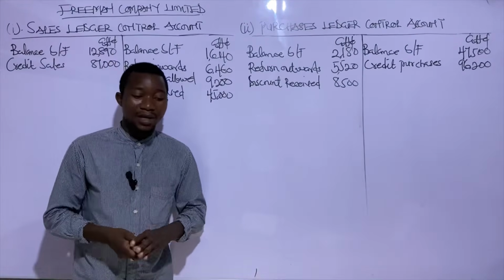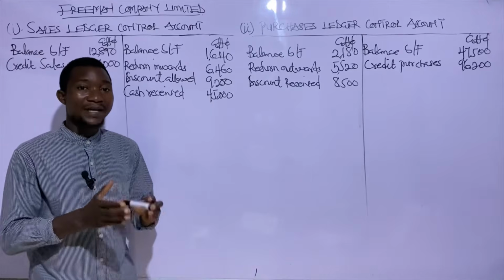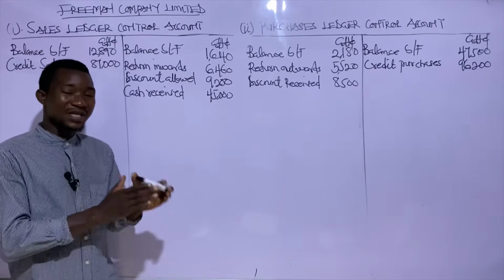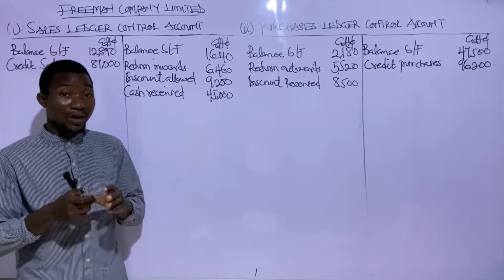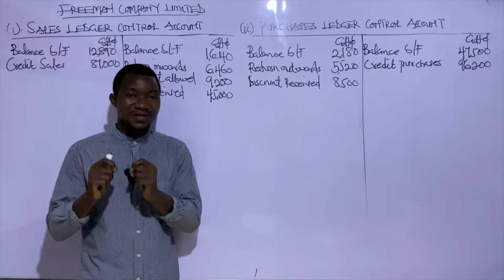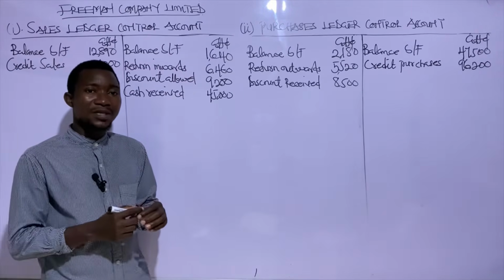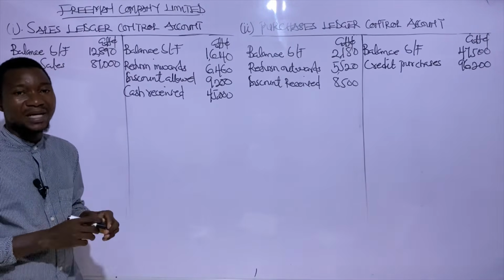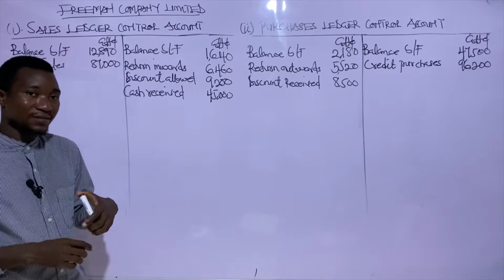The next item in the question is debit note received. I've explained the concept of debit notes and credit notes in my previous video, so you can go and watch it and understand it in detail. But when we talk of a debit note received, it is a document received from a customer by the business.